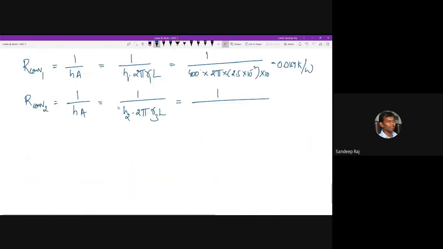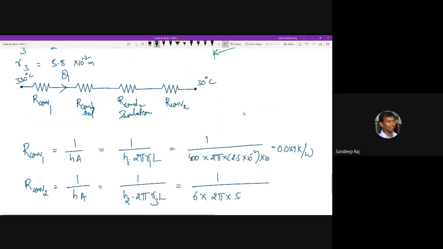So substitute 60 into 2 pi, R3 value is 5.8 into 10 to the power minus 2, into L is 10 meters. Somebody calculate and tell me this value.